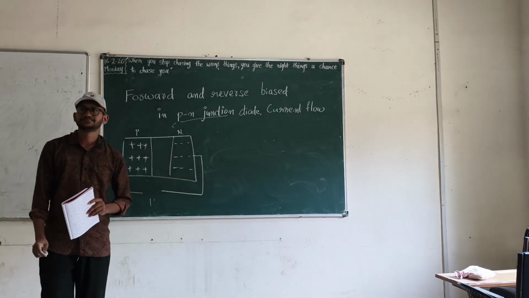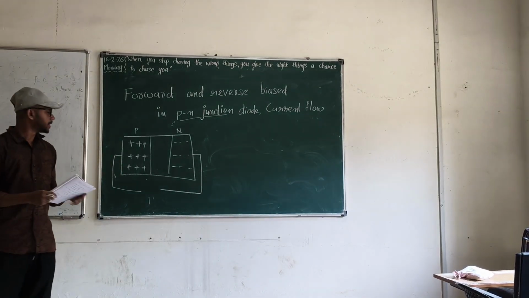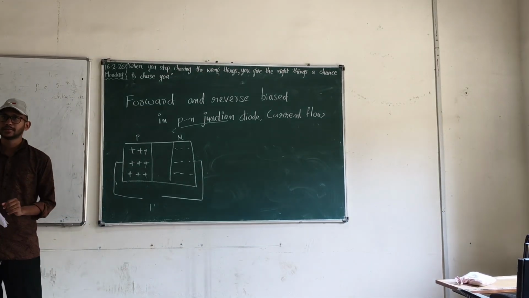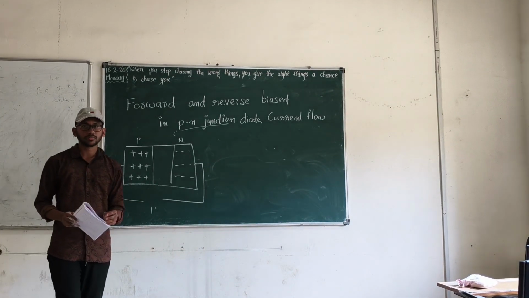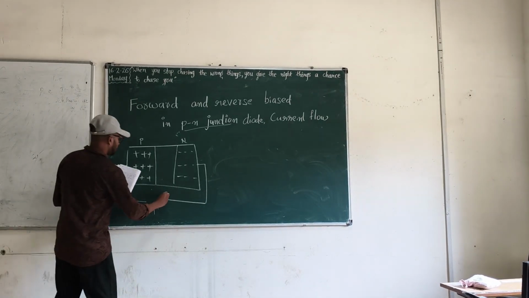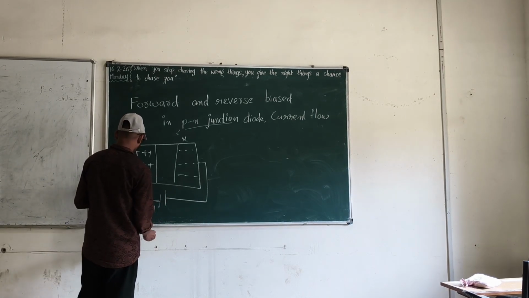A PN junction is said to be reverse biased when the P type of the semiconductor is connected to the negative terminal of the battery and the N type of the semiconductor is connected to the positive terminal of the battery. Here it will be positive terminal, and here it will be negative terminal.